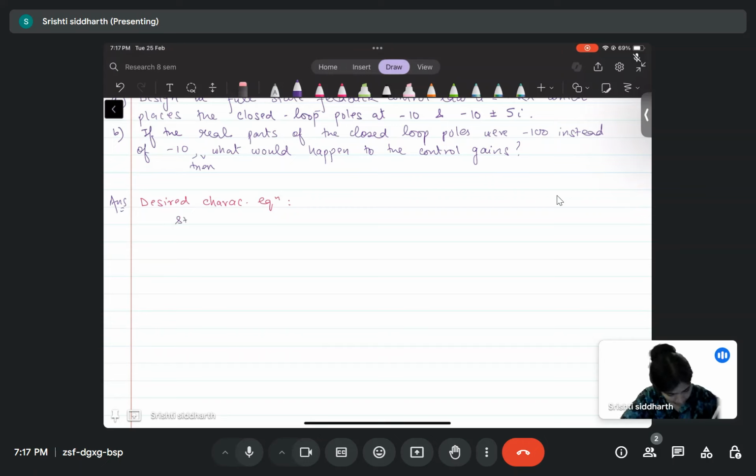This is (S plus 10)(S plus 10 plus 5j)(S plus 10 minus 5j) equals 0. So you can expand this. I'm going to write this down directly. This is S cube plus 30 S square plus 325 S plus 1250 equals 0.